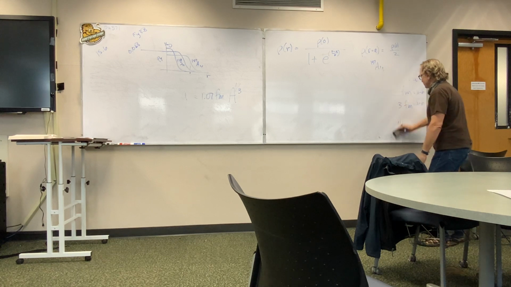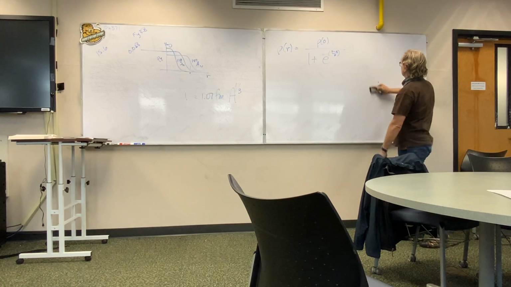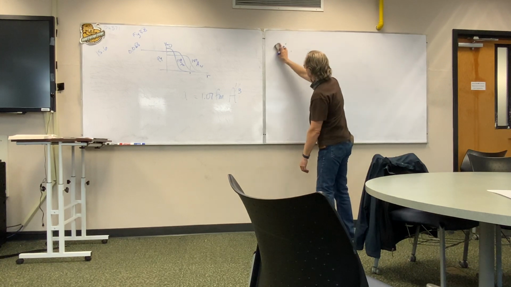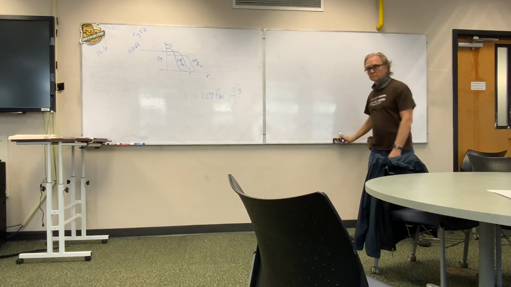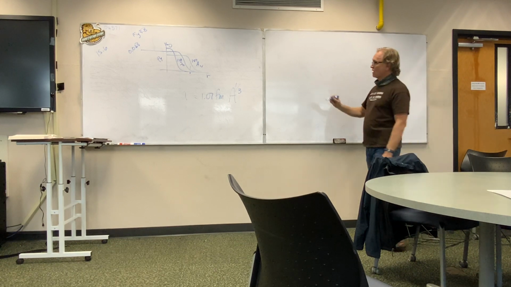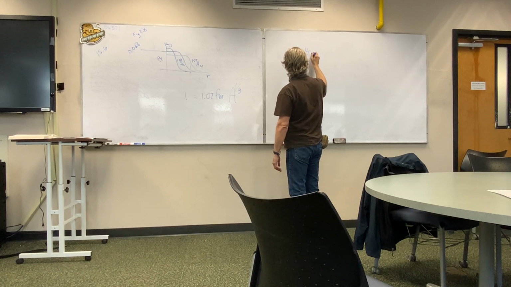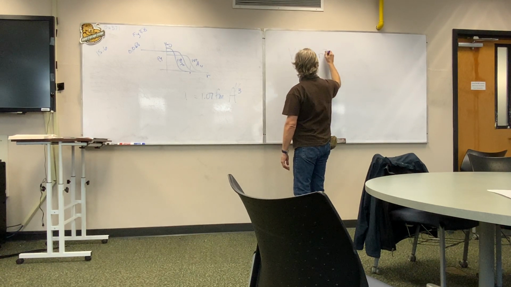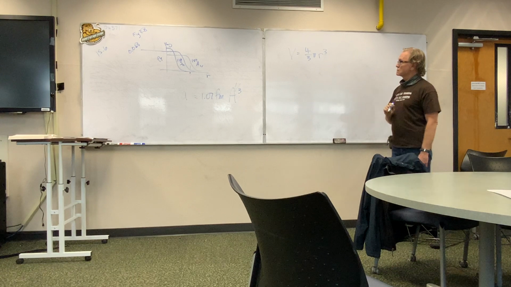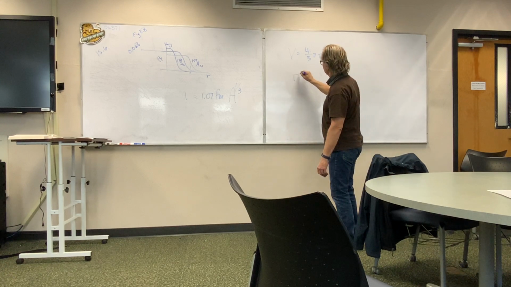Does that seem intuitive, that it should go like A to the 1/3? Well, if I have a certain volume, that would be like 4/3 pi r cubed, right? Could I solve that for r?